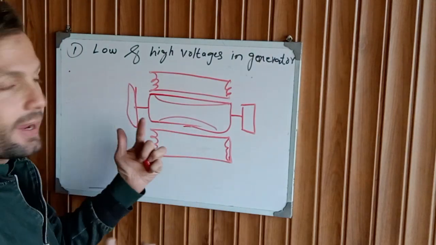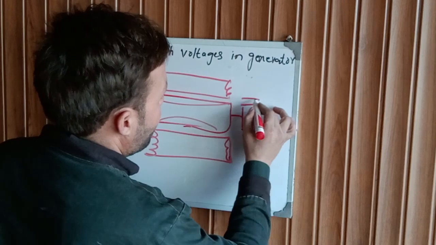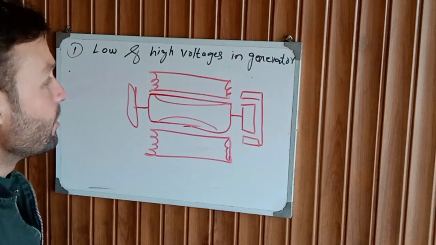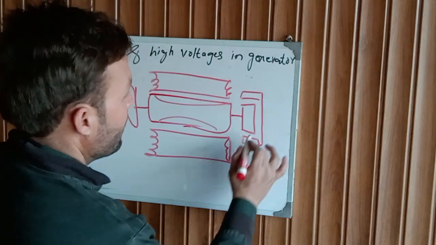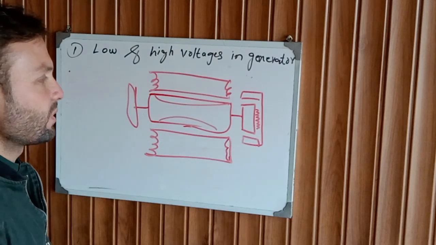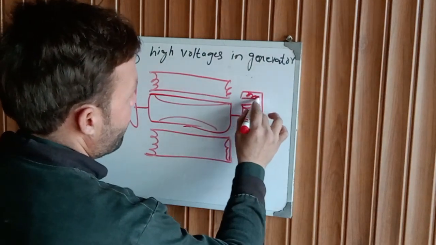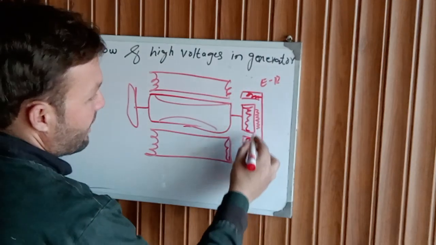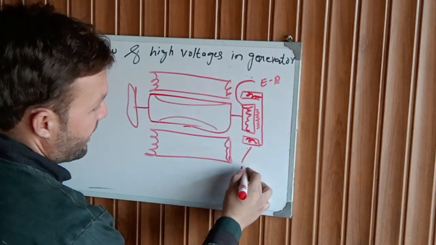This rotor is rotating inside the field, and here we have the exciter. First of all, we need to know the working of the brushless alternator. Here we have the bridge rectifier assembly. Here we have winding, and here we have winding. This is the exciter rotor, and this is the exciter stator.